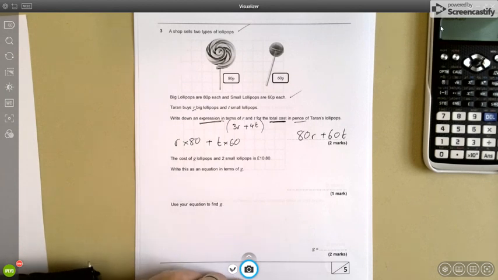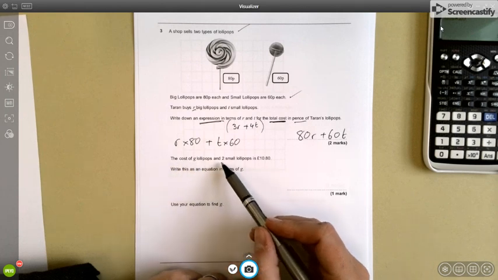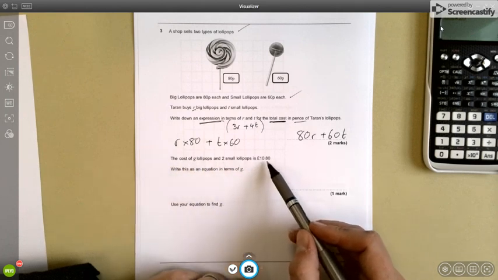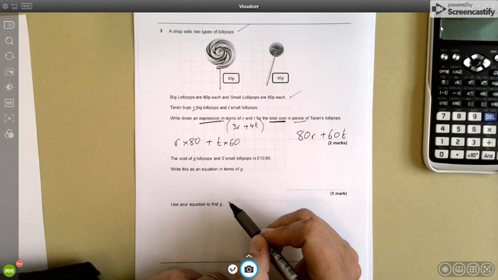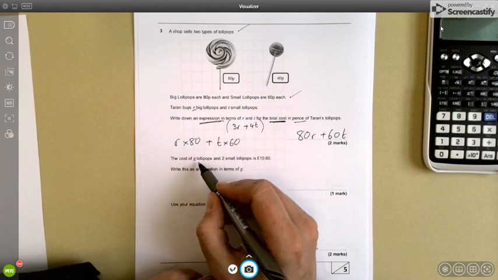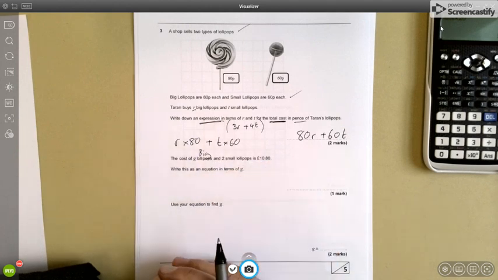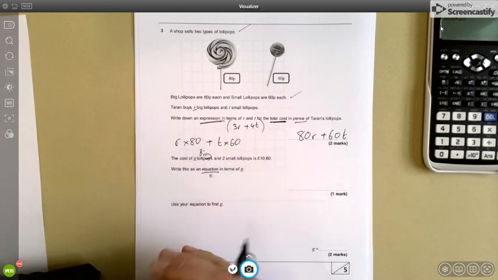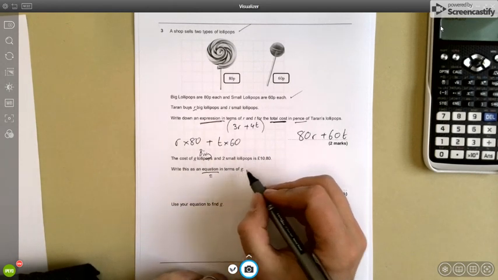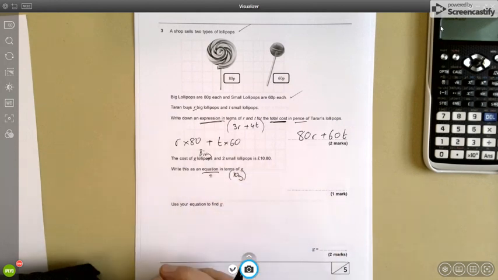Okay, the next part. We've been given some more information here. The cost of G lollipops and 2 small lollipops is £10.80. I think this must mean the big lollipops here. Could be clearer. Write this as an equation. Now an equation has got an equal sign in it. And in terms of G means it's going to have something like 10G in the answer.